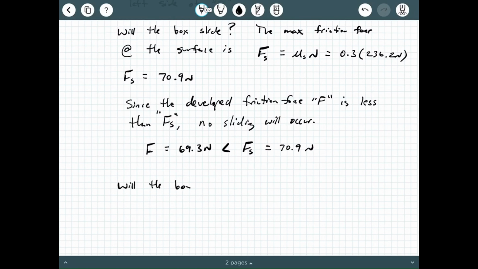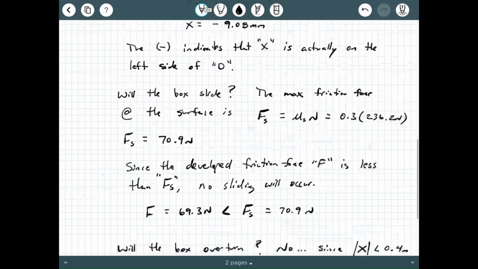What about overturning? So we're going to say, will the box overturn? So the answer to that is going to be no, okay? And we're going to say, since the absolute value of X is less than 0.4 meters.